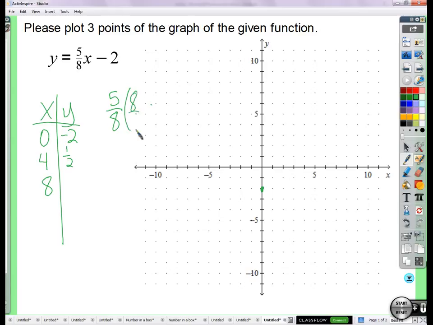Multiply this by 8. Let's put 8/1. What happens when I multiply something with a denominator of 8 by something with a numerator of 8? They cross cancel. 8 divided by 8 is 1. So we just wind up with 5/1. 5 minus 2. No more fraction. 5 minus 2 is just 3. That was a lot easier, right?